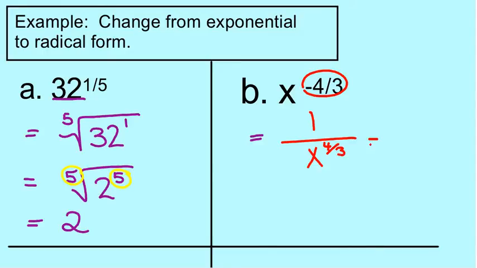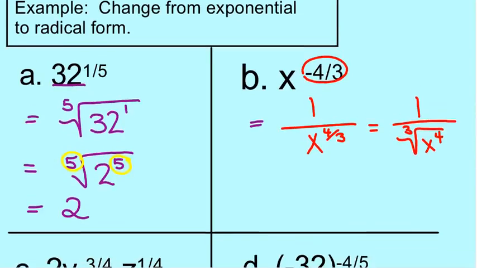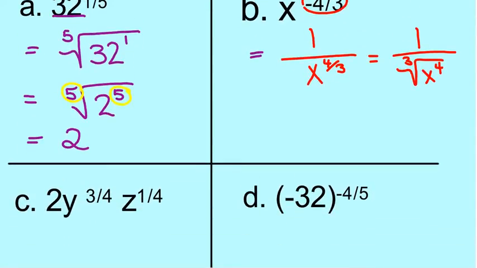All right, so now we'll go ahead to the denominator and rewrite that. So it's x to the 4th, cube root. Can we take an x cubed and an x to the 1 to give us x to the 4th?